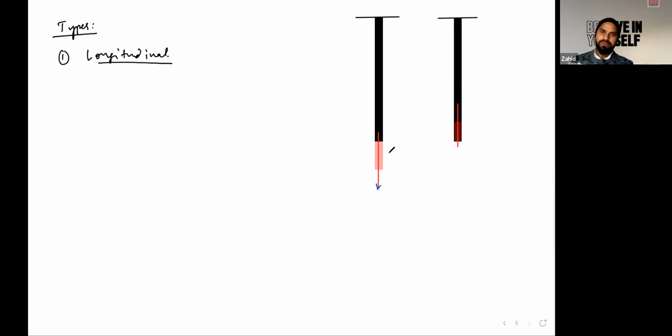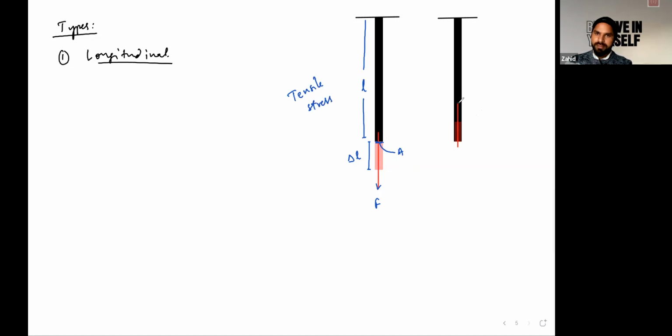So this is the deforming force, the amount of elongation along this direction is delta L, the original length of the wire from this point to this point is L, and the area of cross section is A. So this is called tensile stress.